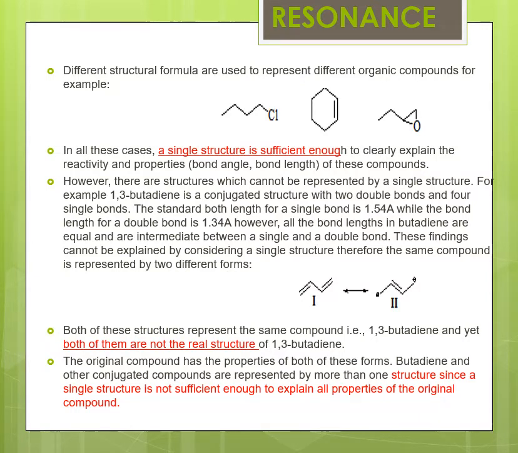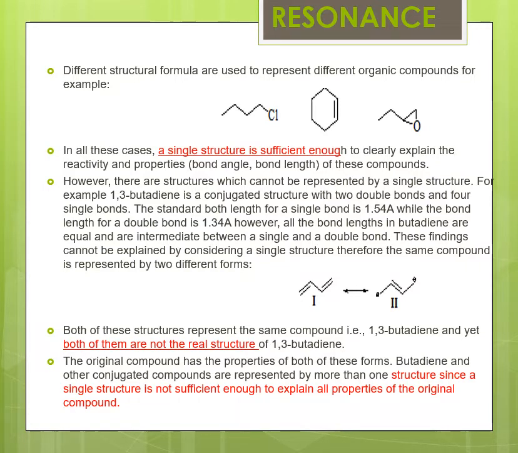However, in butadiene, the bond length for the single bond as well as the double bonds is equal and intermediate between the bond lengths of a single and a double bond, right? So there is some problem. These findings suggest that a single structure cannot explain all the properties of this molecule.